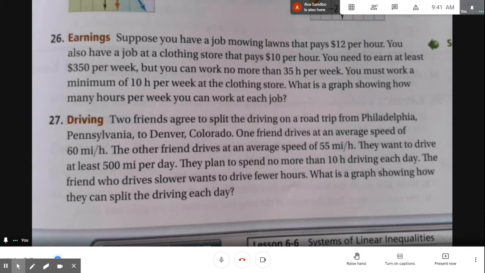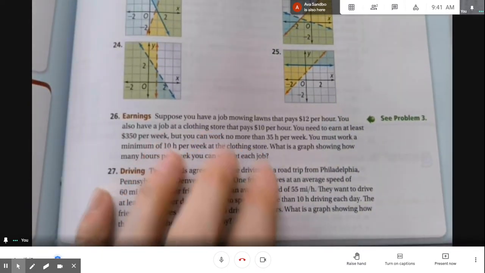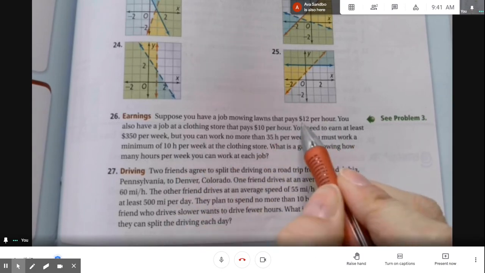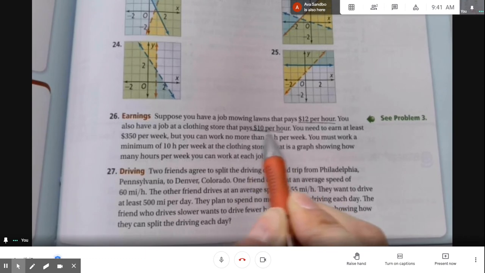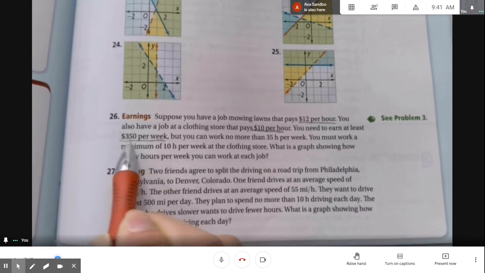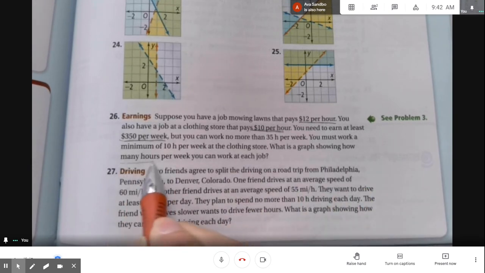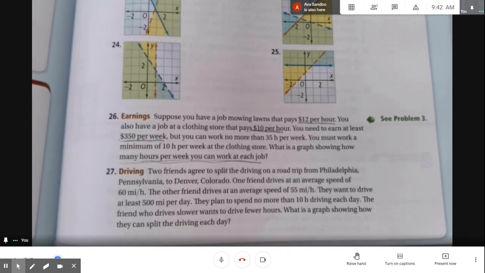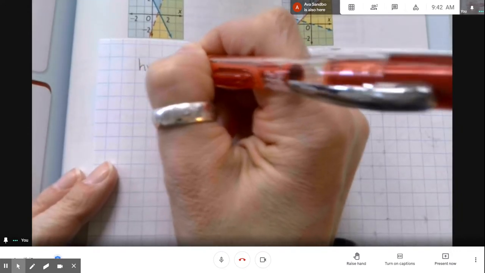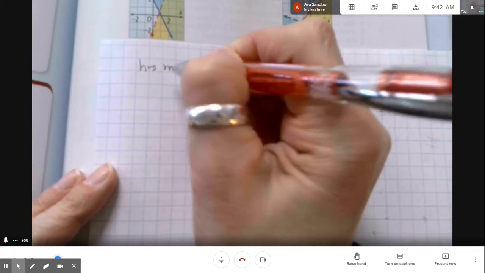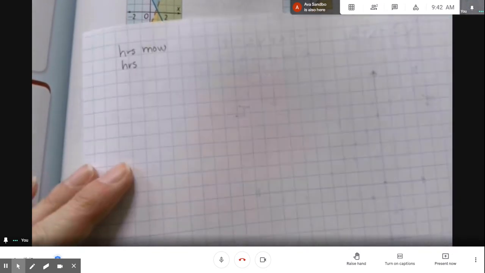All right. So we have a lot of restrictions here and a lot of guidelines that we have to set. Let's start with the first part, where it says you have this job for $12 an hour and you also have this job for $10 an hour and you need to earn at least $350 per week. It does say how many hours per week can you work at each job. That's our 2 variables. So we're going to start with a few things we know: hours mowing, and hours at the clothing store.